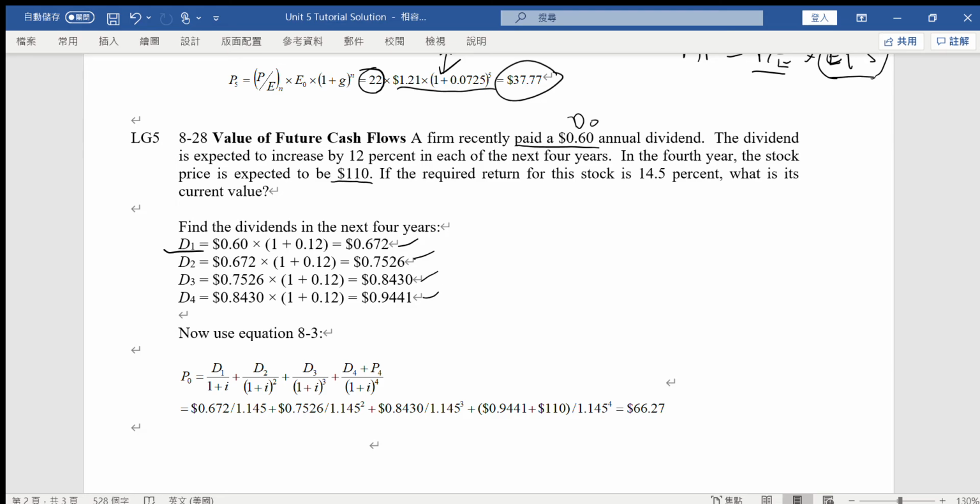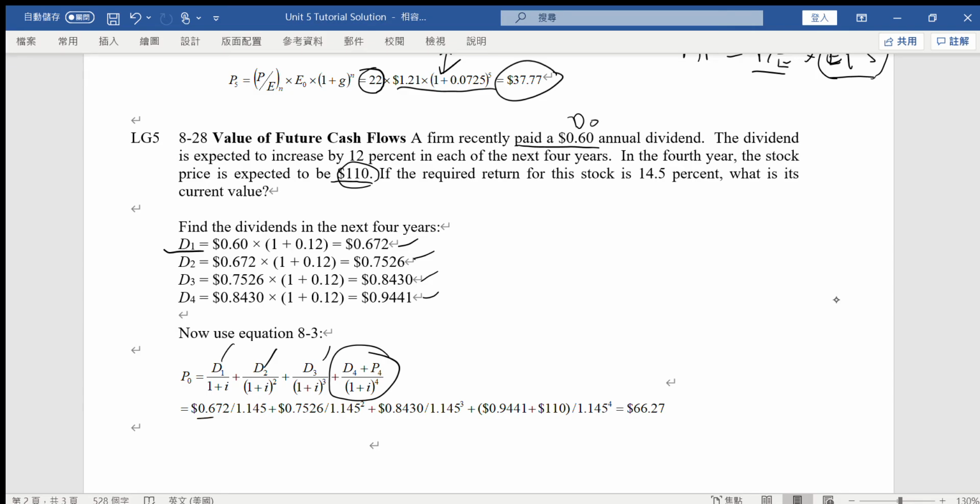And then, what we want to find out is the present moment, how it works. Because in year 4, the share price is at $110, we need to discount each of them one by one. And the last year, including the principal, the $110 will be discounted also.